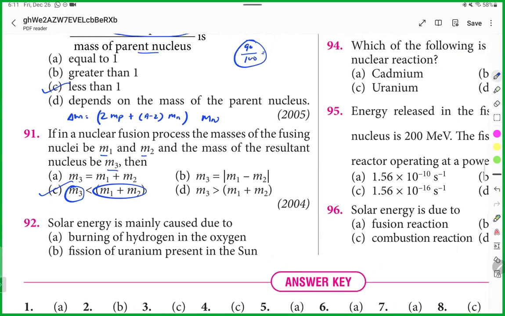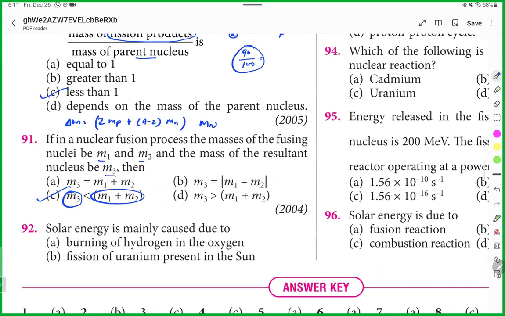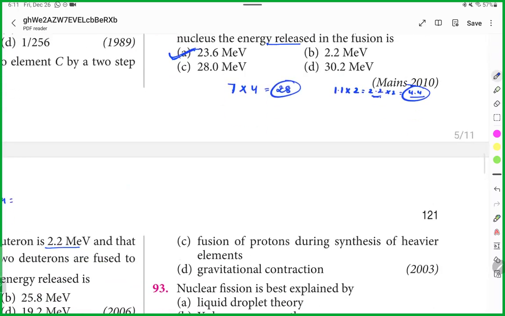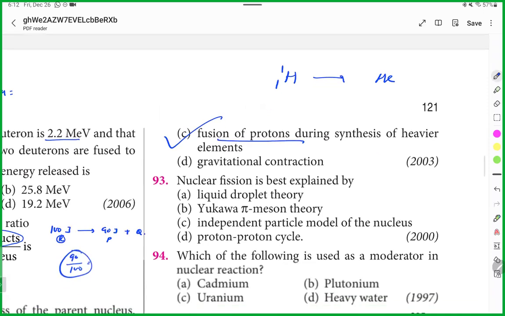Chandana, solar energy is mainly caused by burning of hydrogen in oxygen, fission of uranium, fusion of the proton during the synthesis of heavier element, or gravitational contraction. You know, in sun, hydrogen, when combined with each other, they form helium, right? So fusion of proton means hydrogen form heavier element, helium.